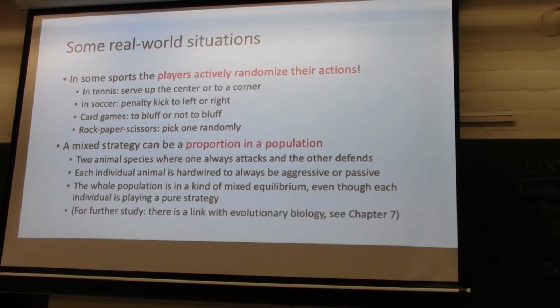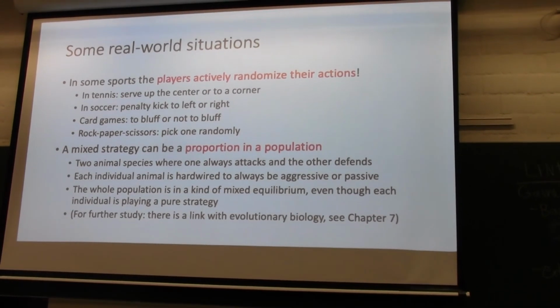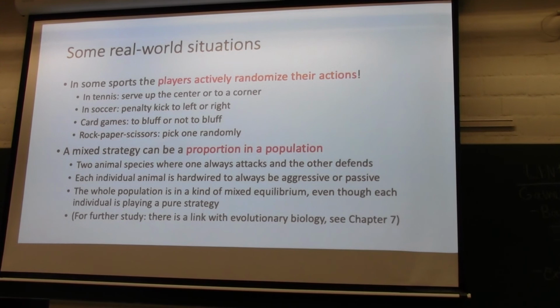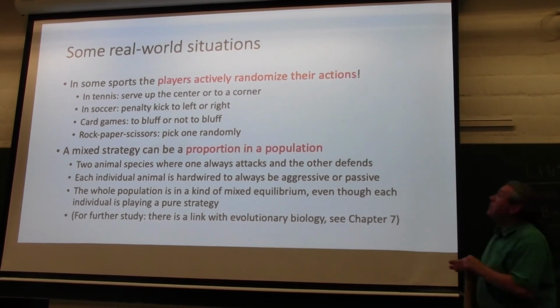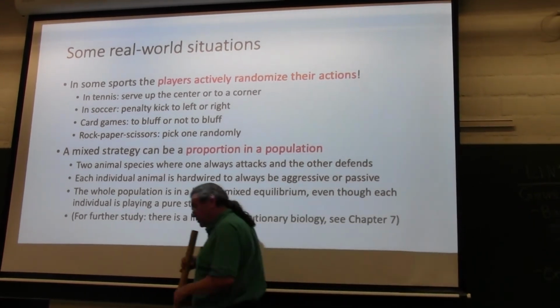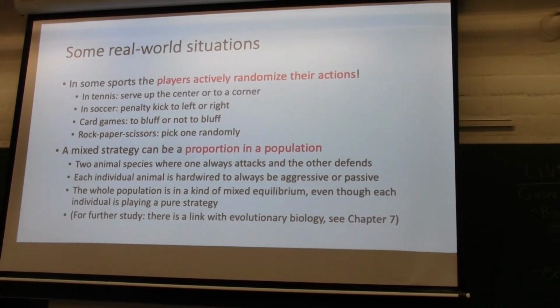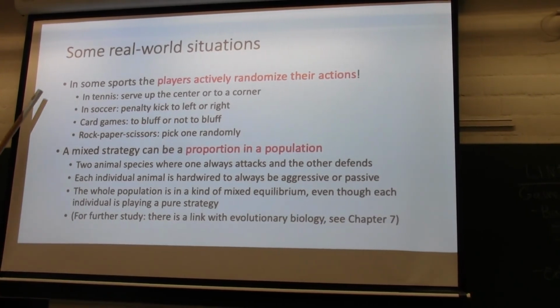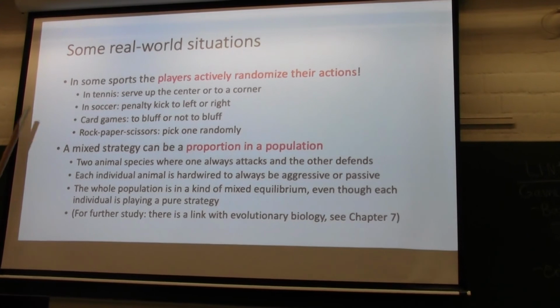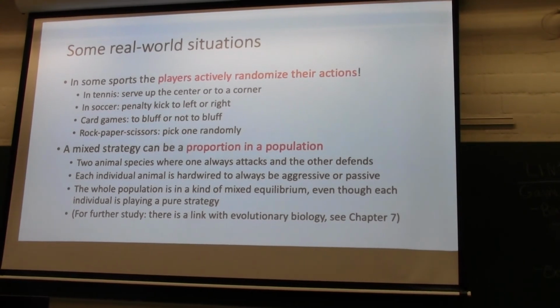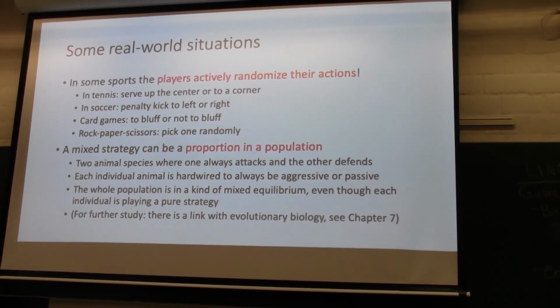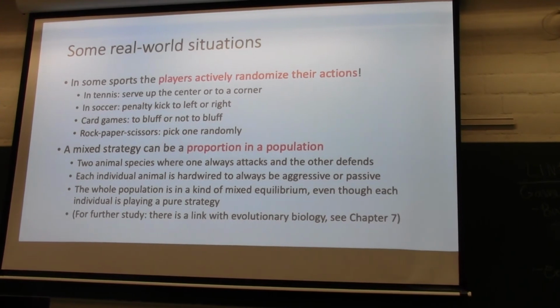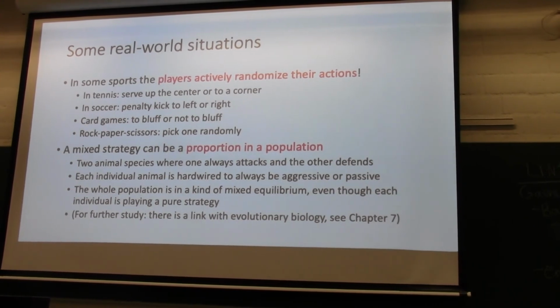So let me give just two examples. So here's first some intuition. In sports, this is actually used a lot. Players will actively randomize. In tennis, for example, when you serve, you can serve right up the middle, or you can serve to a corner.